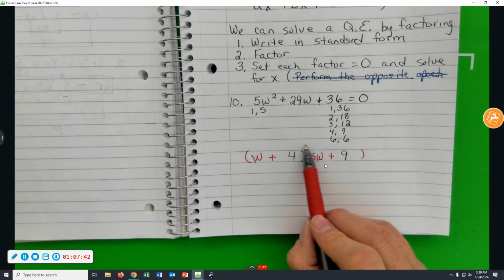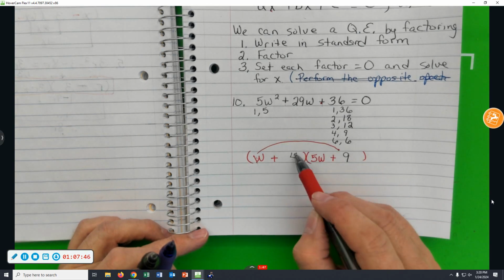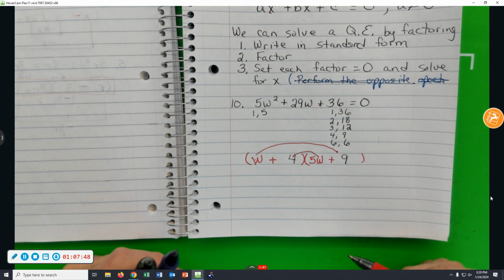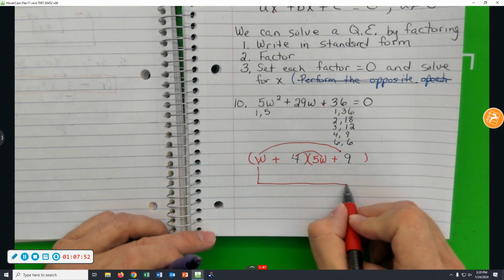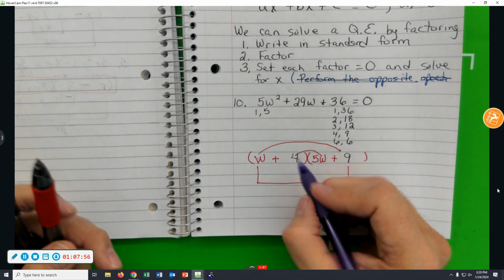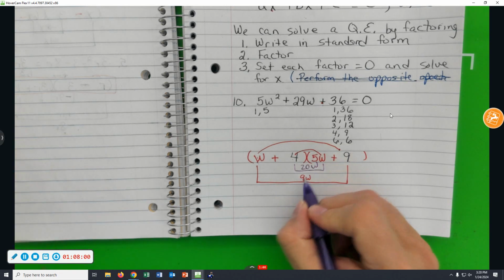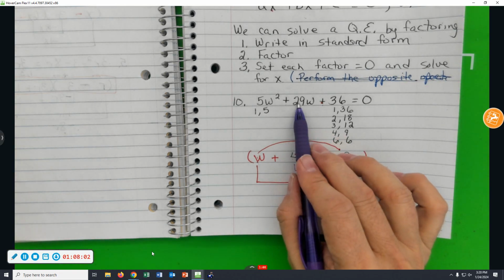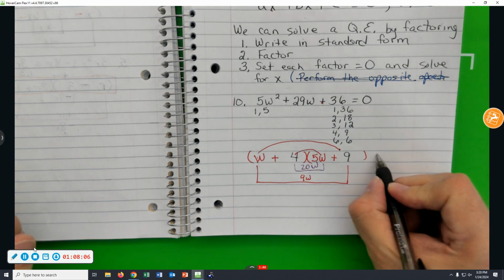What's the inner product going to be? 20W. 9W and 20W. Can we add 9W and 20W to get 29W? Yeah. So we have it factored, but we're not finished.